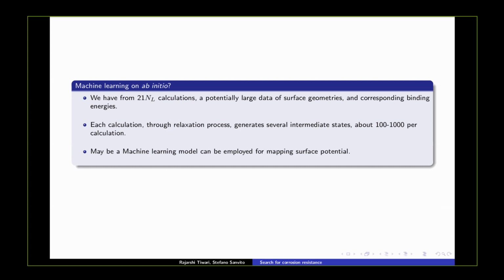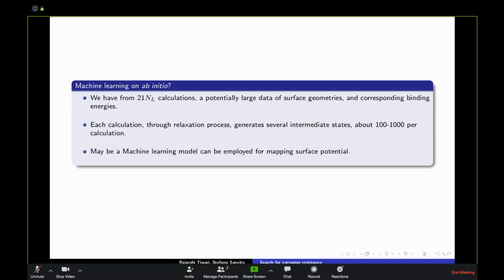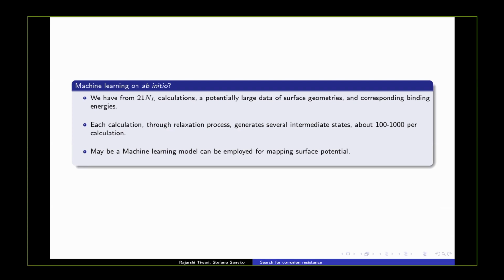In each calculation, what we found is that about 100 to 1000 steps were taken by the relaxation process, which gives us a large set of geometry-energy pairs to train with.